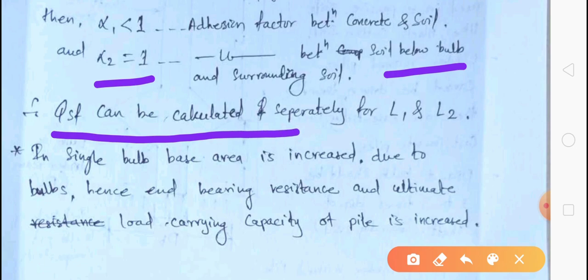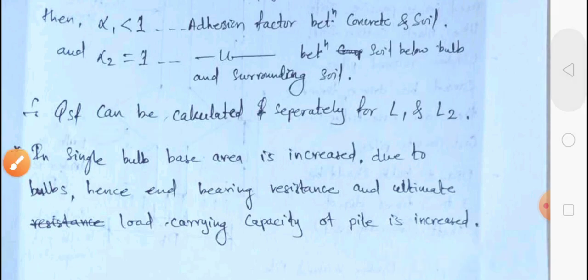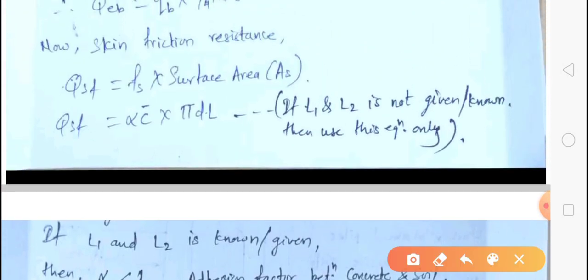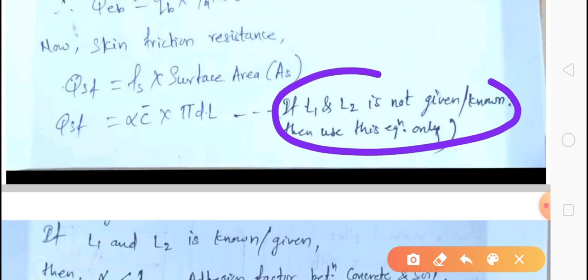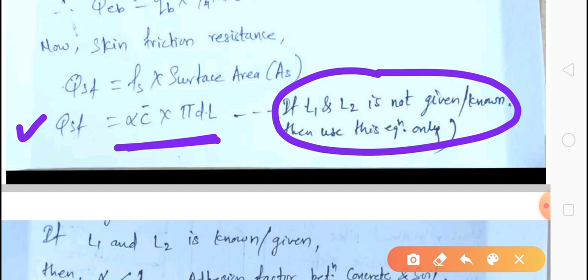QSF can be calculated separately for L1 and L2. If you consider L1 and L2, then obviously it will increase. Previously, without L1 and L2, if they are not known, you can calculate QSF by this equation, where diameter small d and L are used.